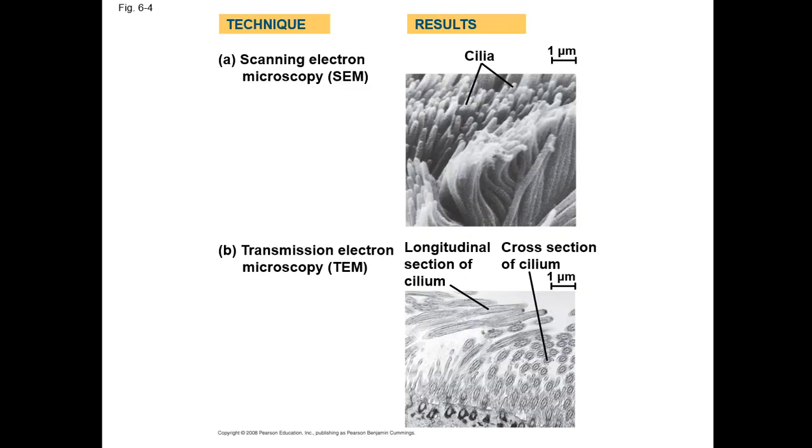Okay, so here are the differences. Here are two images of the two. We have SEM and TEM, diba? Talking about SEM, you just produce a 3D image of what the cilia look like. Cilia are particular parts of a cell, capable of wave-like motion.